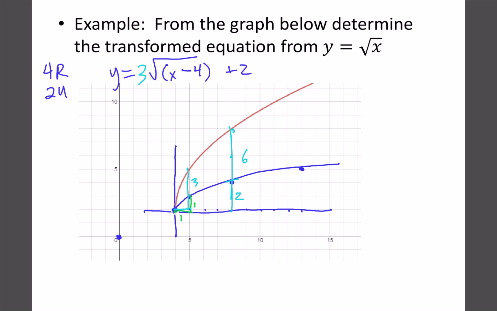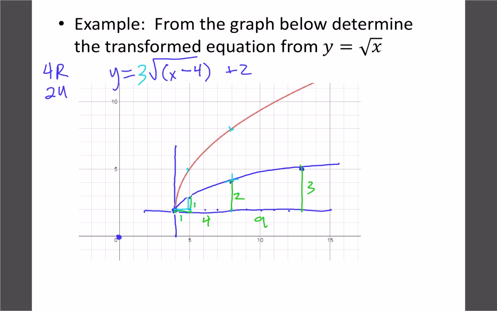So with this last one, let's redo this one again, but let's think of it in terms of a horizontal stretch instead of a vertical. So if we look at this one again, our original was 1, 1. And then for the second part, we had 4 over and 2 up. And then we had 9 over and 3 up. So we're going to work with that 9, 3 because the rest of them would be kind of hard to read.